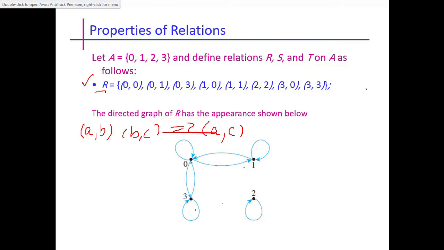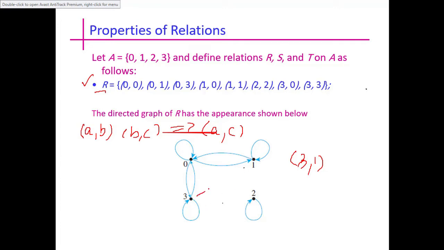What is important to note here is that 3 is also related to 0 and 0 is related to 1. So there must be an element (3,1), since 3 is related to 0 and 0 is related to 1.